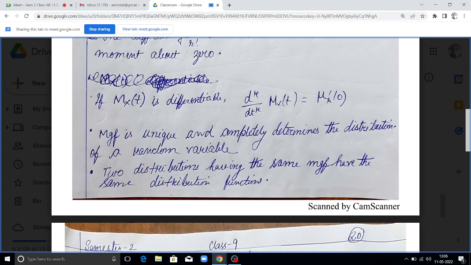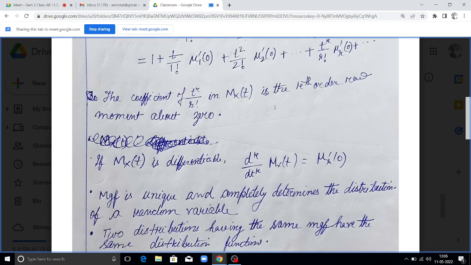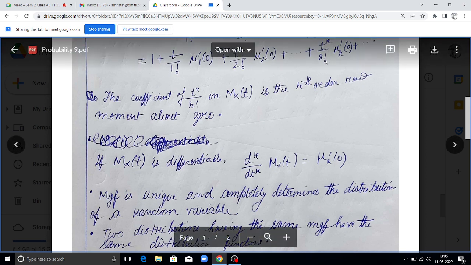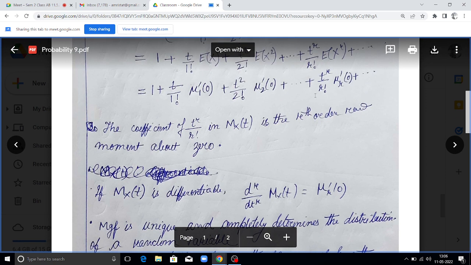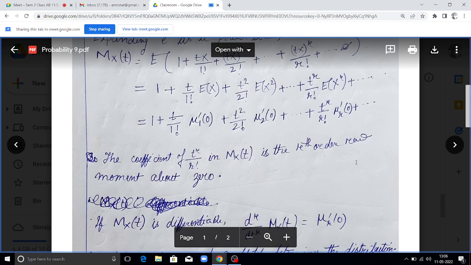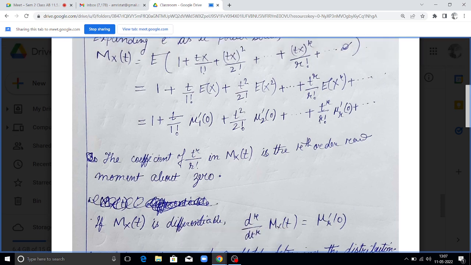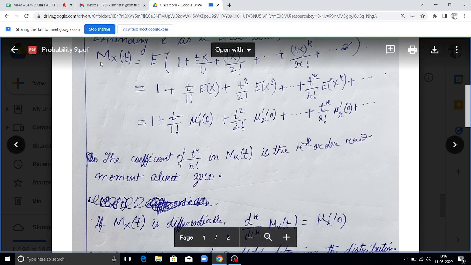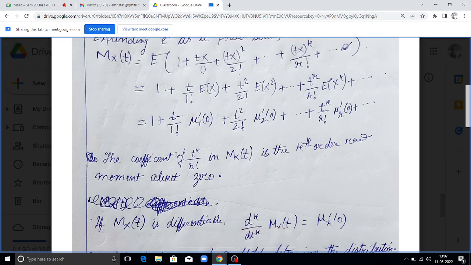Now, if this mxt is differentiable, then we can just do differentiation. Even then we can reach this mu r prime, because from the above expression mxt has the term t to the power r by r factorial into mu r prime. If I do a first order differentiation, the first term will vanish because it's a constant.